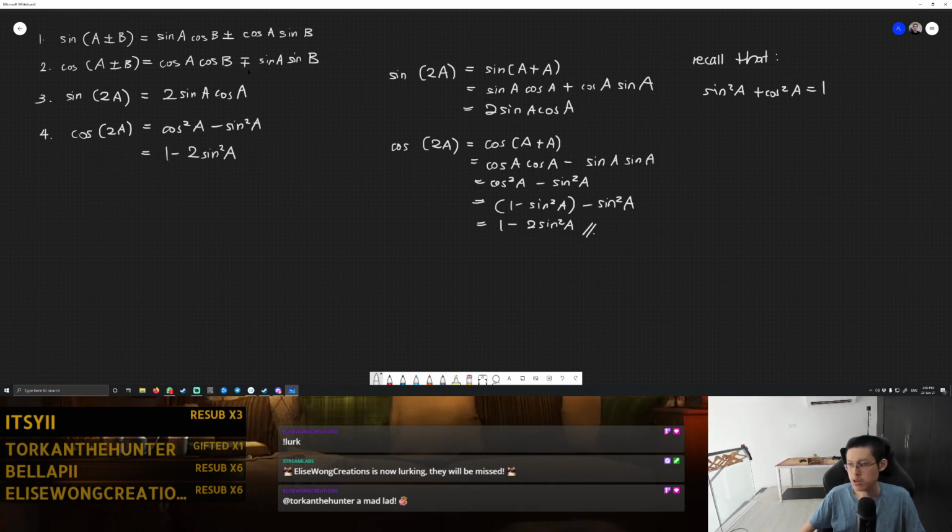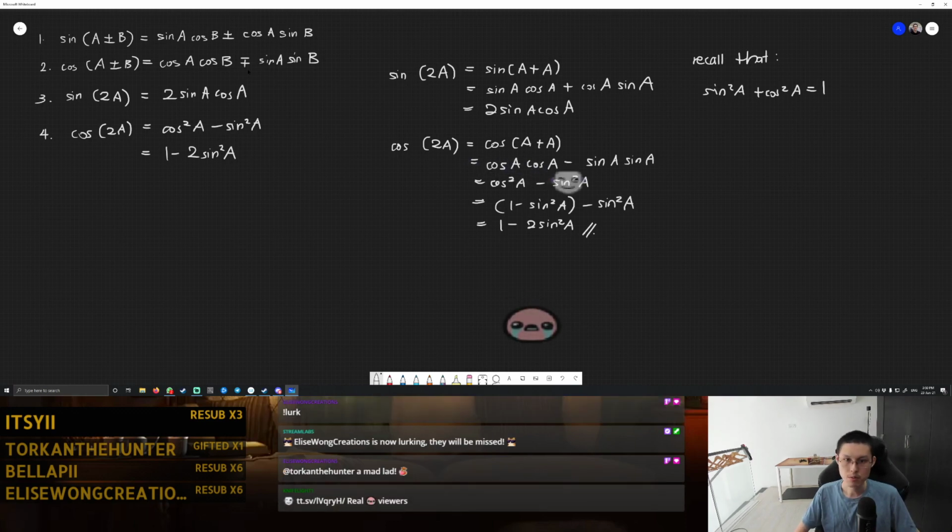This one is very useful when it comes to integrating powers of cos or sine later in integration, which is something that we'll touch on much later.